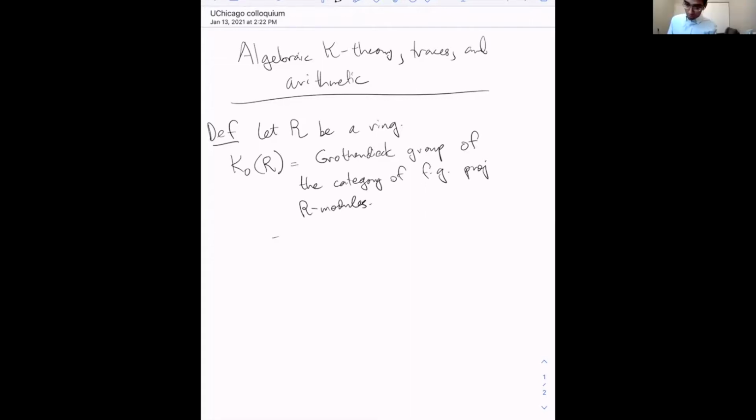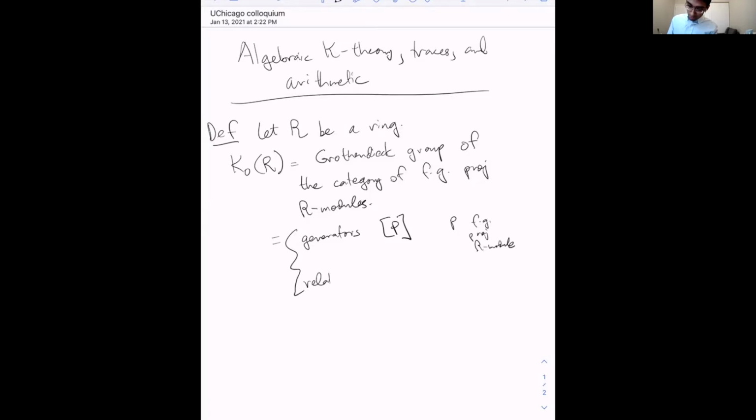In other words, the generators of this group come from isomorphism classes of finitely generated projective modules. I'm going to denote the generators as brackets P, if P is a finitely generated projective R module.